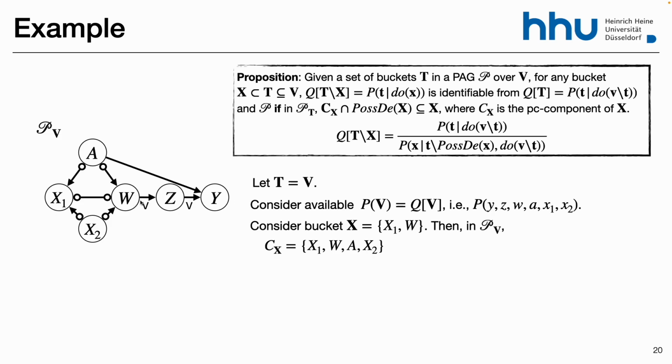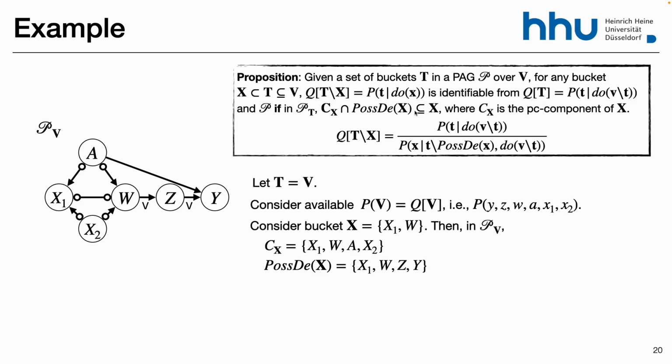Z cannot be, and Y also cannot be, because basically every variable in the middle has to be a collider except the last, and here it is not a collider. So the only variables are x1, w, a, and x2.